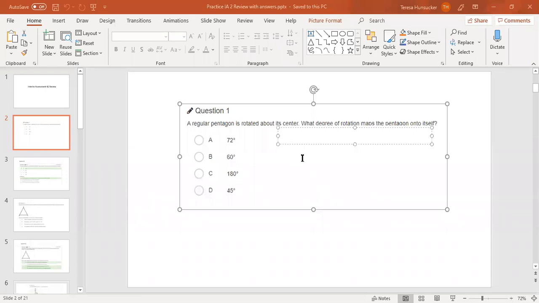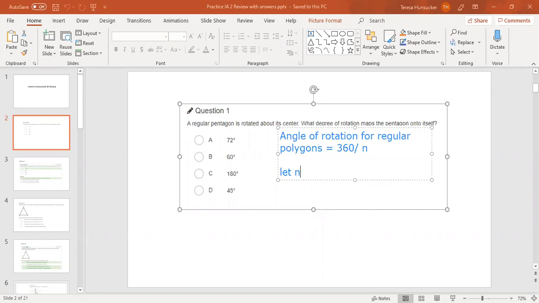Well, there is a formula for regular polygons for the angle of rotation. And it is 360 degrees divided by the number of sides, or divided by n.